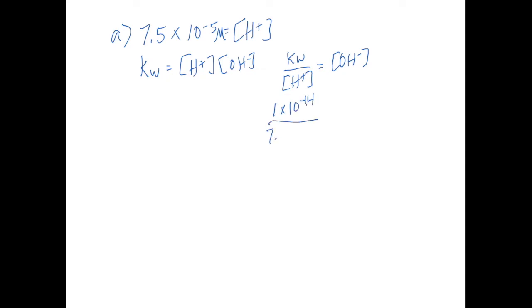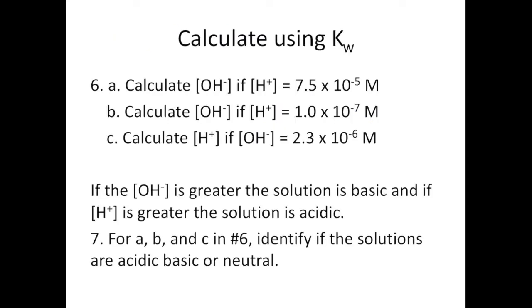So I say 1 times 10 to the minus 14 divided by 7.5 times 10 to the minus 5. And I get OH minus. That gets me what I want. Easy. All right, guys. Try B and C.